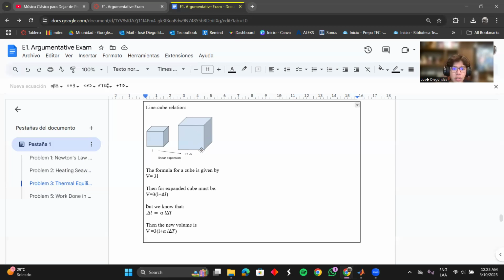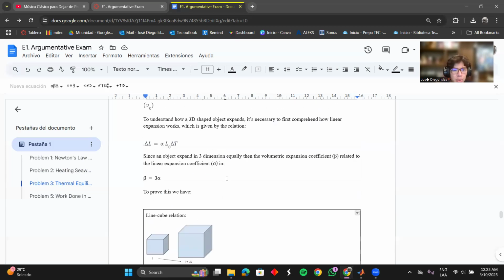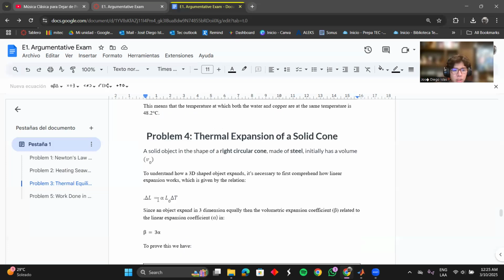We know that the length of one of the sides is L plus delta L, so we have to cube that to know the volume, right? And we also know that this delta L is equal to this, from the thermal expansion law.